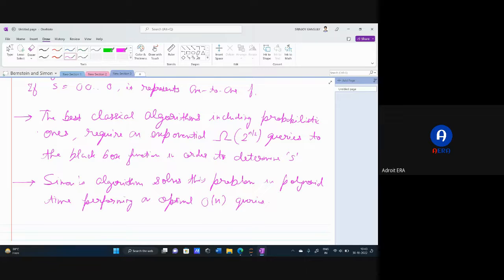That is basically the complexity of Simon's algorithm. It is able to give you the result in polynomial time rather than taking exponential time, which classical or probabilistic algorithms take. This is the optimal value, O n queries.